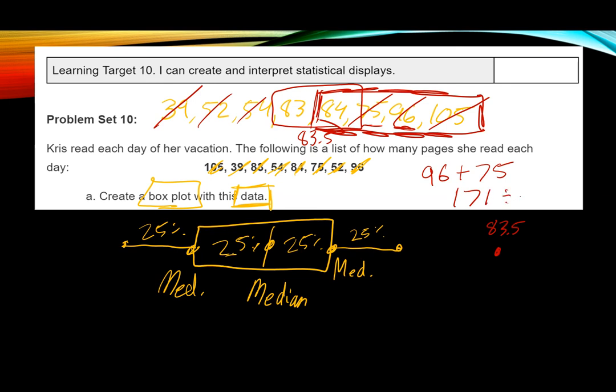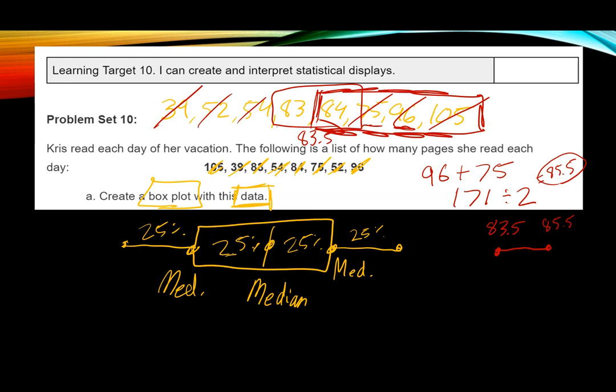And if I divide that by 2, that would be 85.5. This is going to be another median of ours. So 85.5.